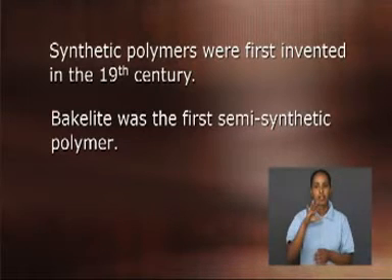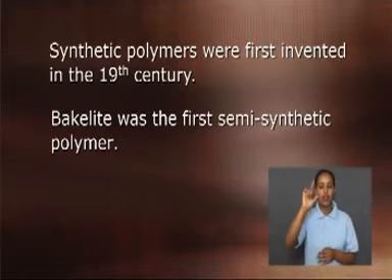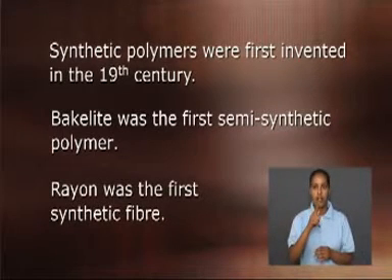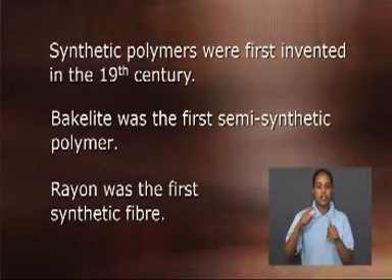The invention of bakelite was followed by the invention of rayon, which was the first synthetic fiber. Following the Second World War, the polymer industry expanded and has continued to evolve as one of the fastest growing industries in the world. One of the areas where there has been the greatest progress is in the field of addition polymers.